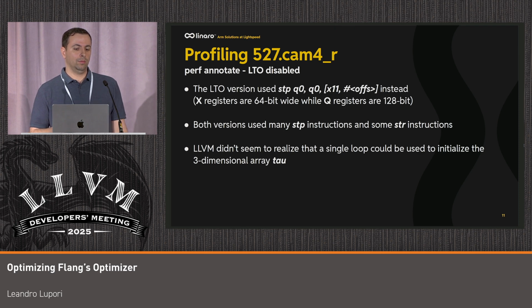And what seems to be happening is that LLVM is not realizing that this is initialization of the whole array, and then maybe it could use a single loop to initialize it instead.